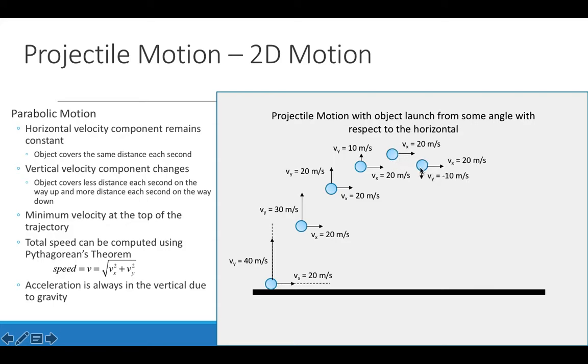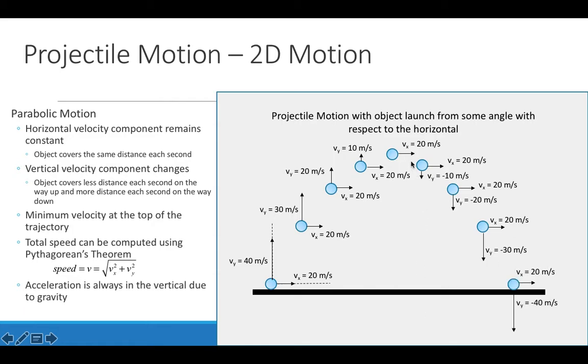As it falls back down, it's still traveling in the horizontal direction at 20, but it now has increased its vertical speed to 10 meters per second, and the negative sign just means that it's pointing in the downward direction. And after another second passes, the object is now traveling 20 in the vertical negative direction and still has the same horizontal velocity. And I can continue and draw all those in.